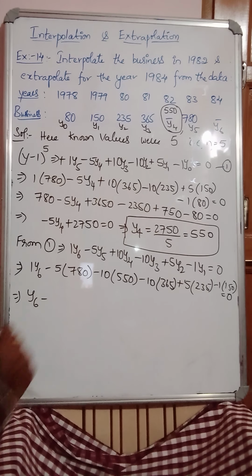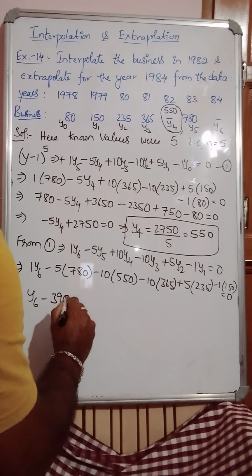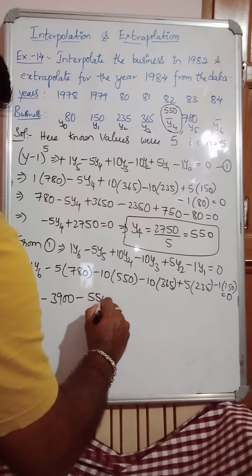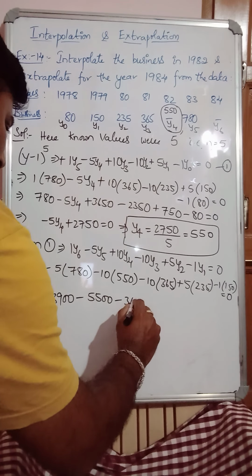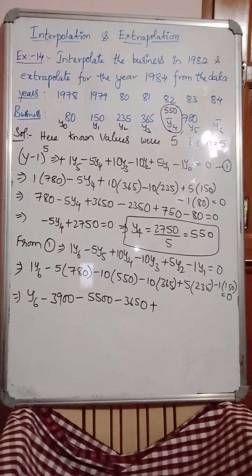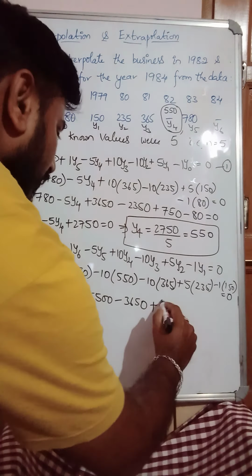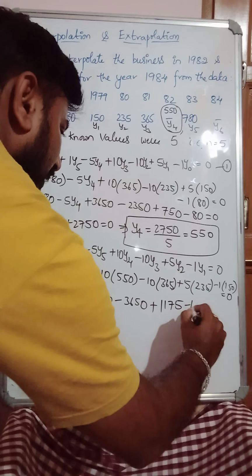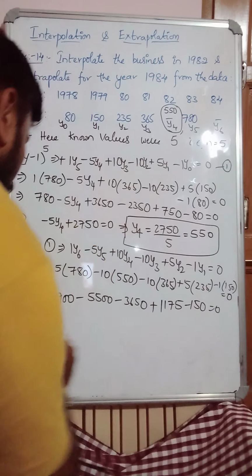So y6 minus, simplify this one, 780 into 5. 780 into 5 is 3900 minus 5500 minus 3650 plus 5 into 235. How much? 1175 minus 150 equated to 0.